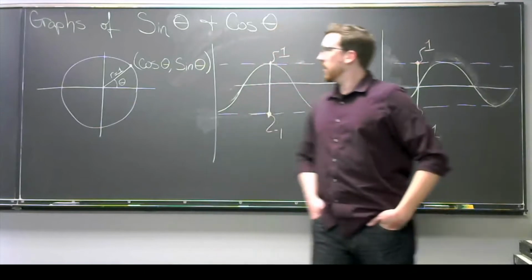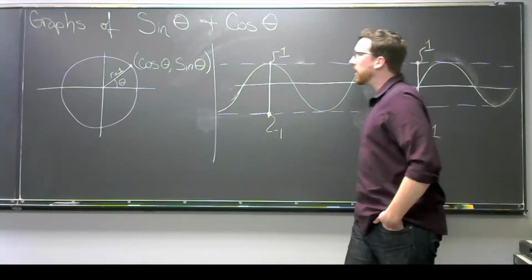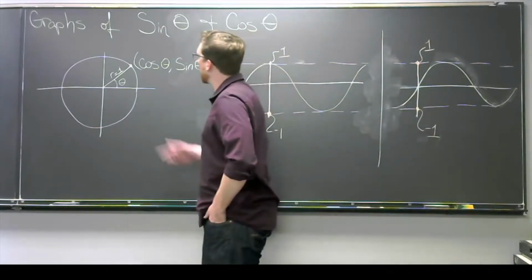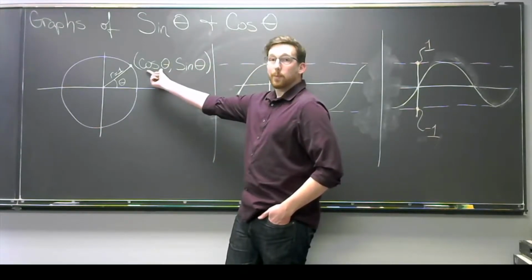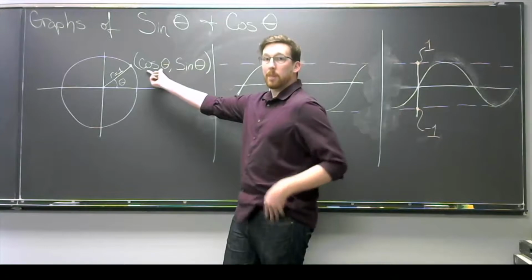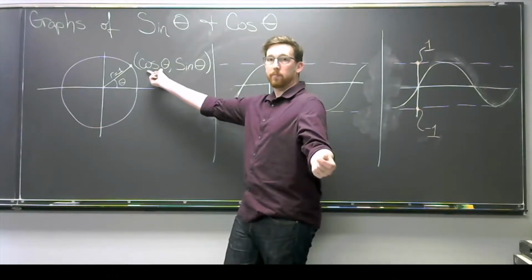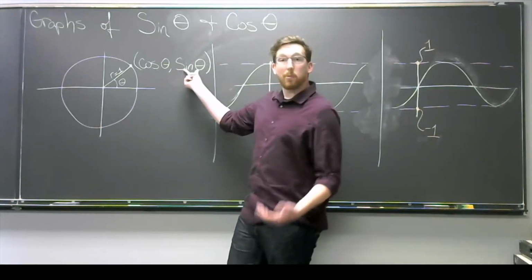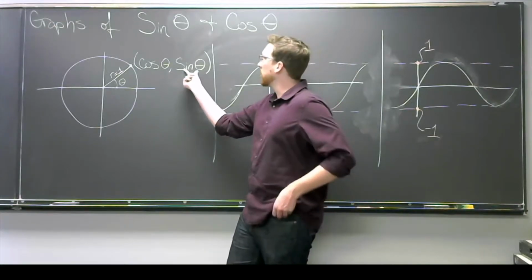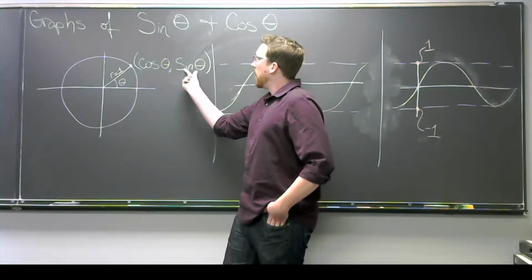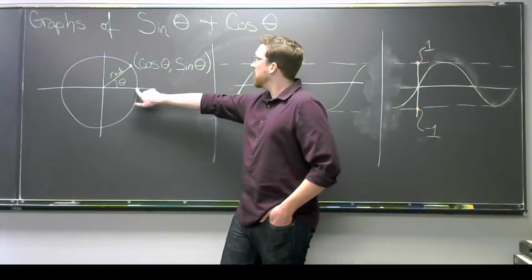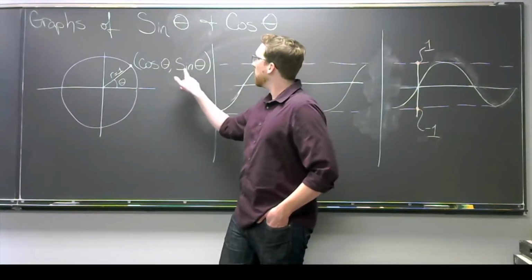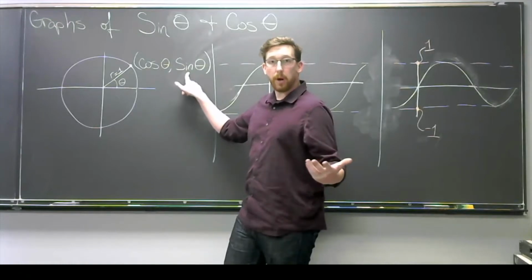Having said that, if we look at our unit circle, we know that the x position can be written in terms of cosine, and the y position can be written in terms of sine. Having said that, if we're at an angle 0, we know cosine is 1, and we know sine is 0, right?